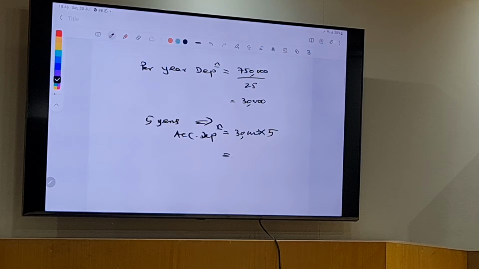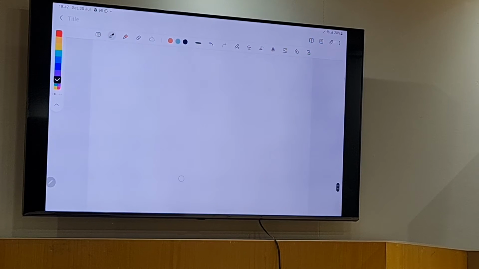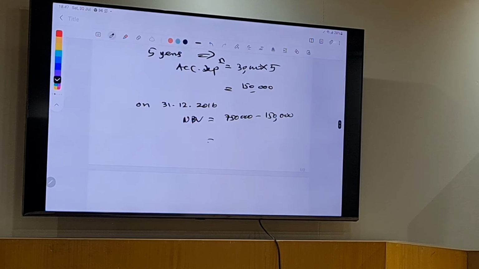So on 31st December 2016, what is the net book value? 750 minus 150, that is 600. Now the new value.